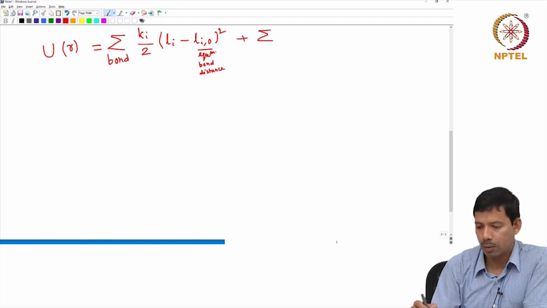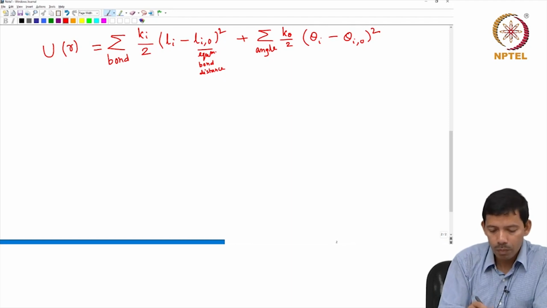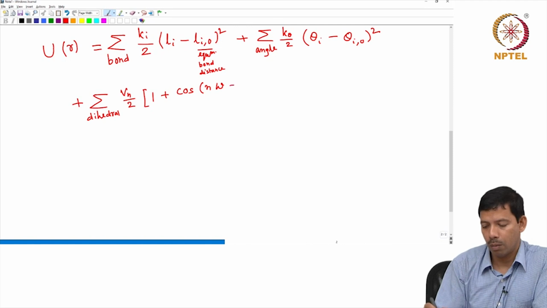Then we had the angle term, K theta by 2, where K theta is the force constant, (theta I minus theta equilibrium) squared, plus we had the sum over all dihedrals, and the expression was Vn by 2 (1 plus cos(n omega minus gamma)).